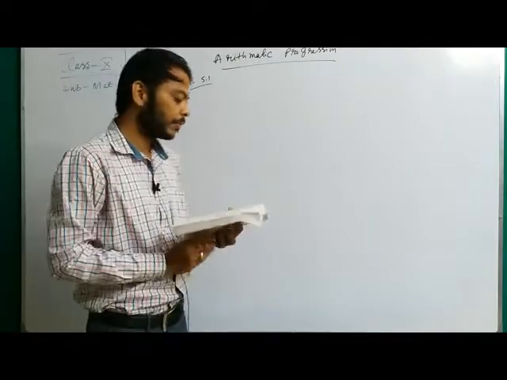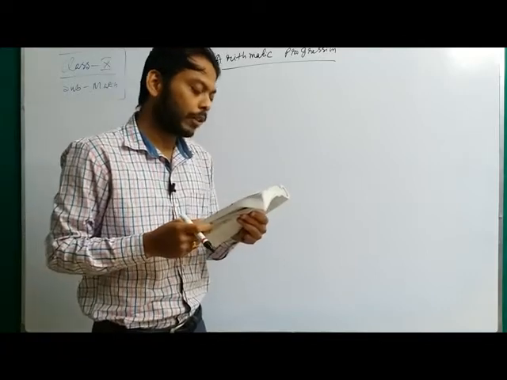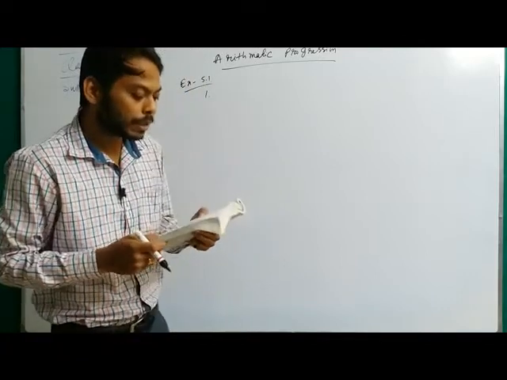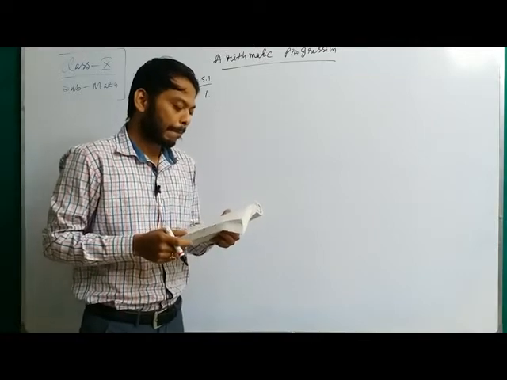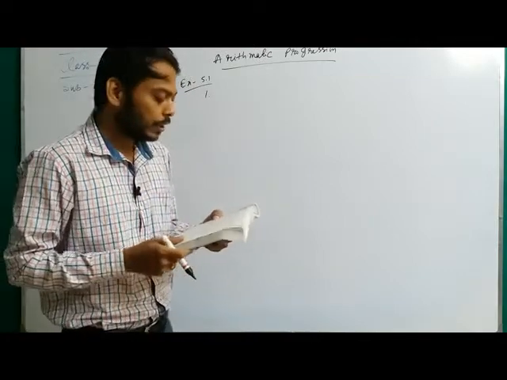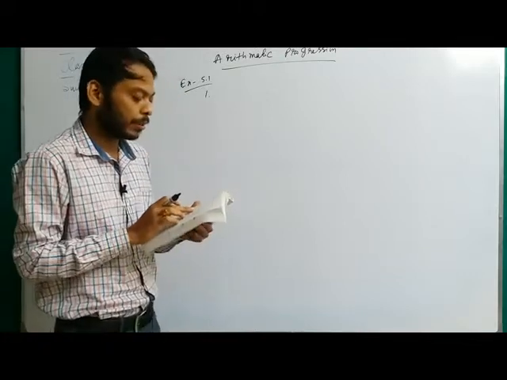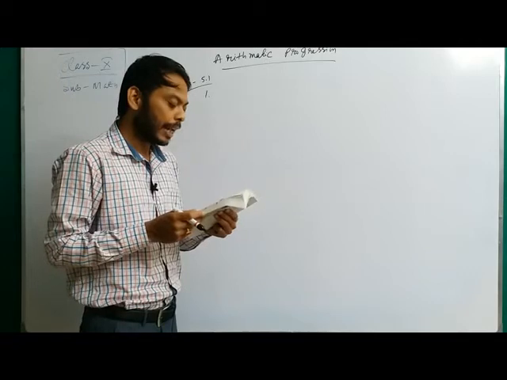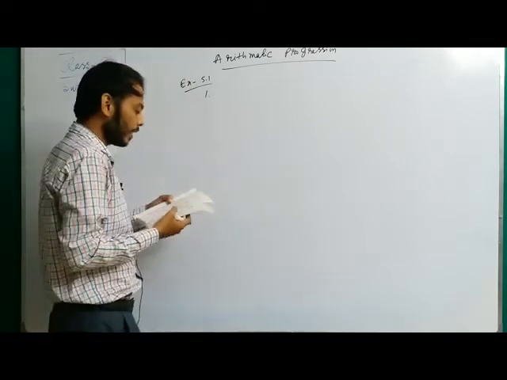The first question: in which of the following situations does the list of numbers involved make an arithmetic progression and why? So the first one, the taxi fare after each kilometer when the fare is 15 for the first kilometer and 8 for each additional kilometer.